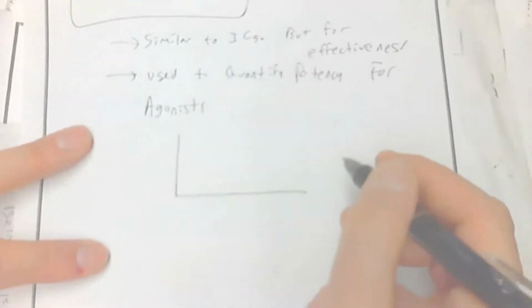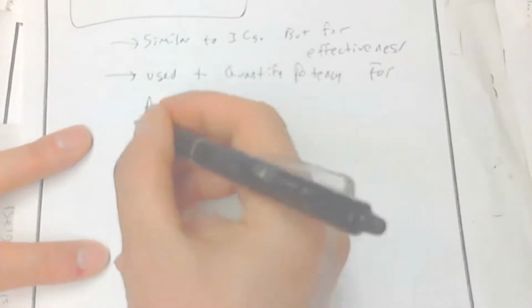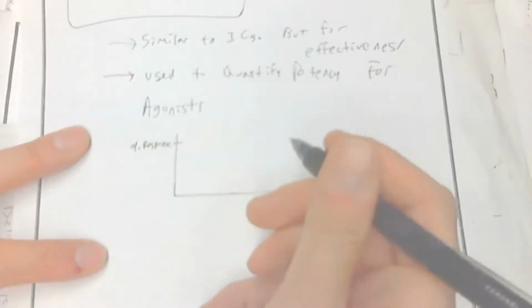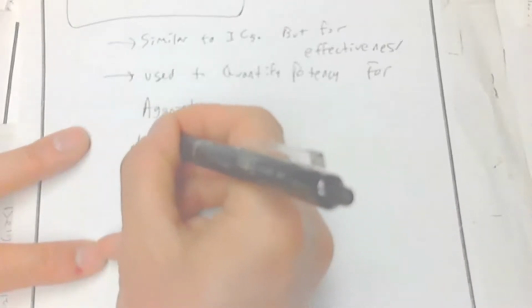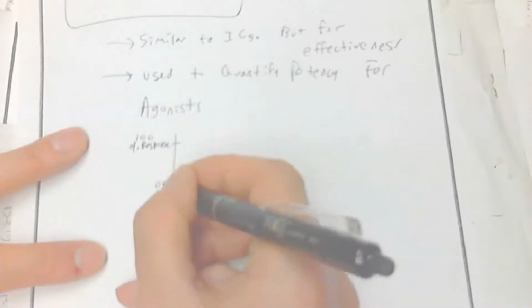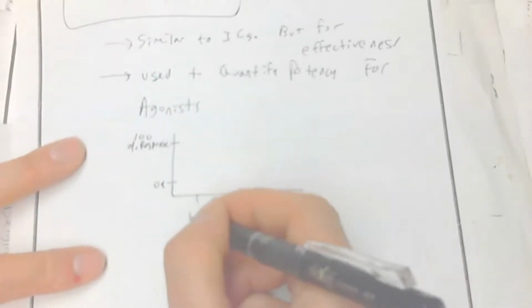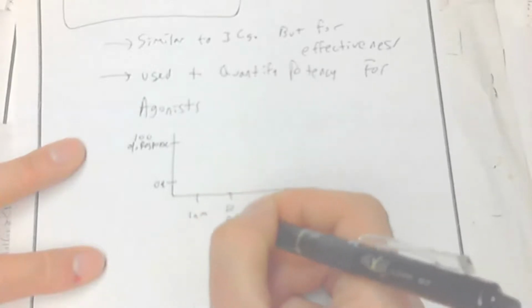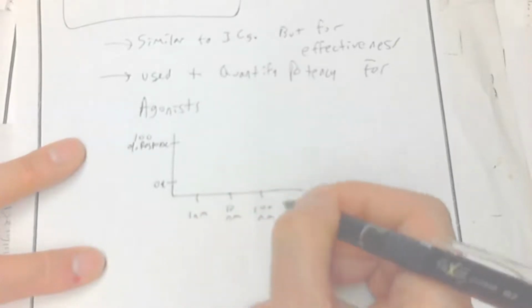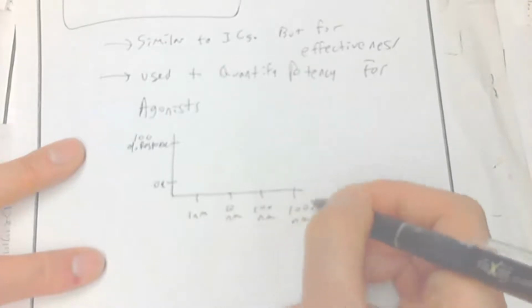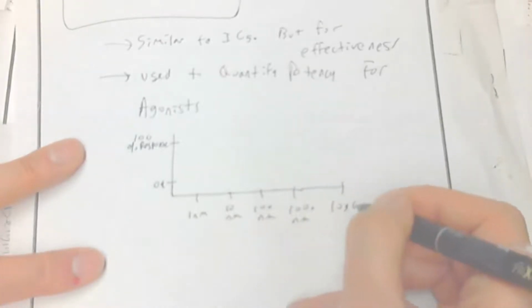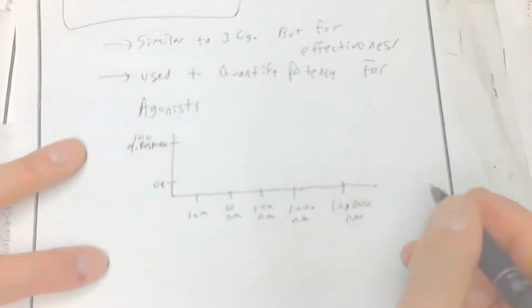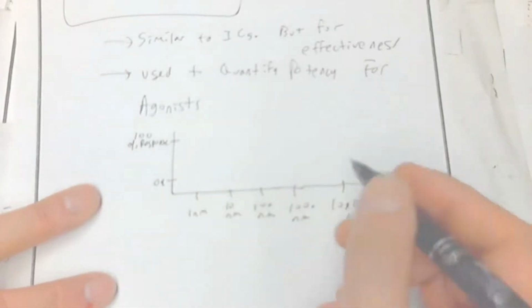All right. So of course, let's just look at it as a general example. We say percent response on the y-axis. So 100% response, 0% response. Okay, so 1 nanomolar, 10 nanomolar, 100 nanomolar, 1,000 nanomolar, 10,000. So in this example, we'll just say, okay, low concentration, no effect.